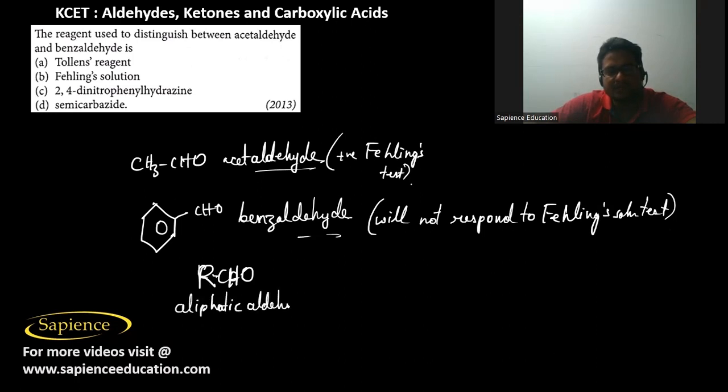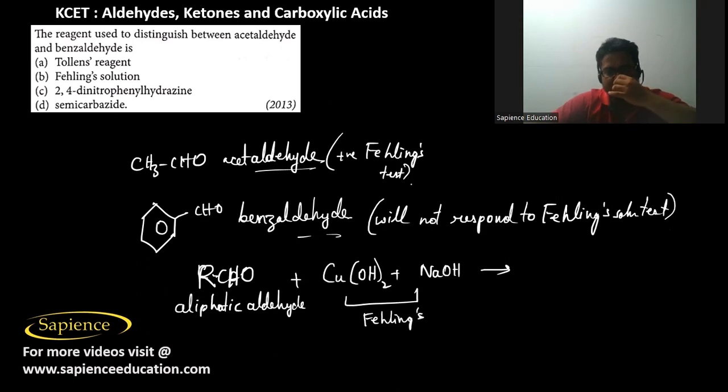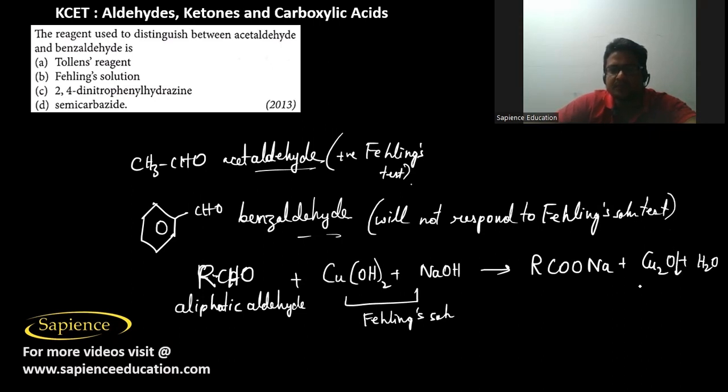For aliphatic aldehydes, they will react with Cu2+ in the presence of NaOH, which is called Fehling's solution. Then it will give RCOONa plus Cu2O plus H2O. Here it gives cuprous oxide, which forms a red precipitate.